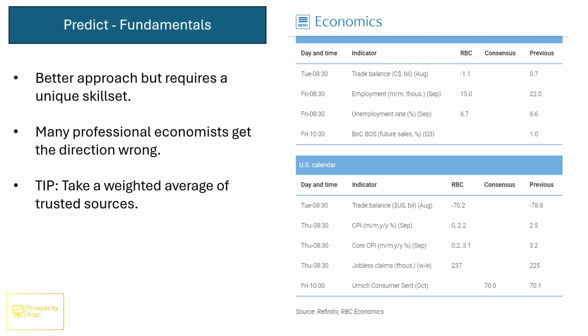So let's say RBC, National, and TD all think that NFP is going to be more bullish than the general market consensus. That could give you an idea that the US dollar will likely be bullish, and inversely, gold will probably go down.